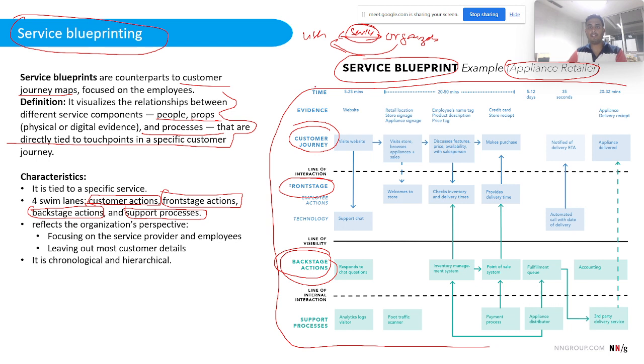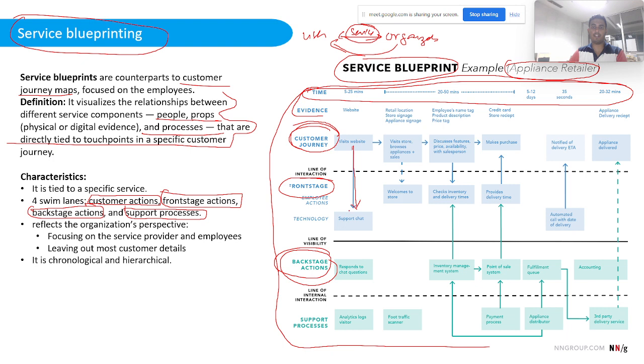Here, service is categorized based on time. So we have services which are plotted against time and duration. So the customer visits a website.